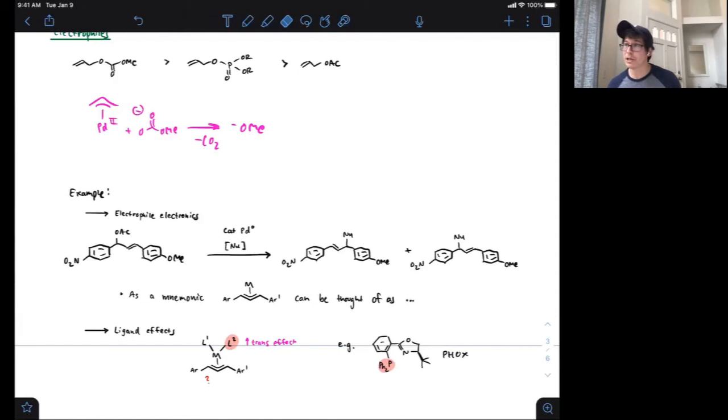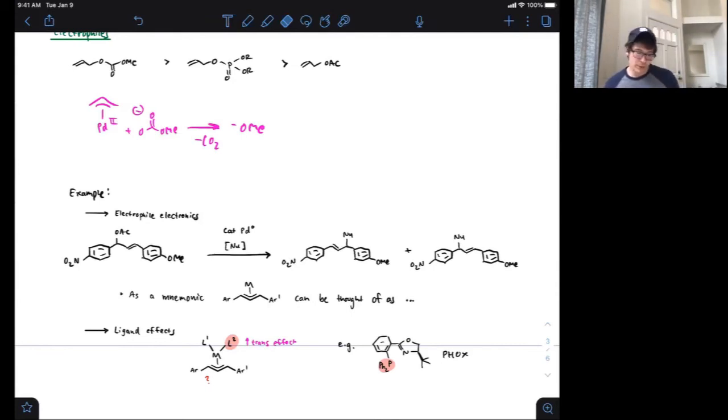But of course, the nature of the organic fragment itself and its substituents can bias the site of attack in significant ways. And so this example here, and this information is available as well on your handout, tries to address this question in a systematic way by varying electronics of the organic fragment.